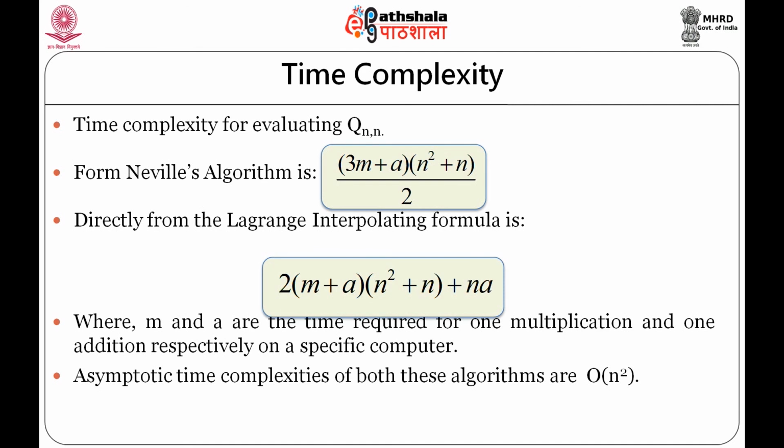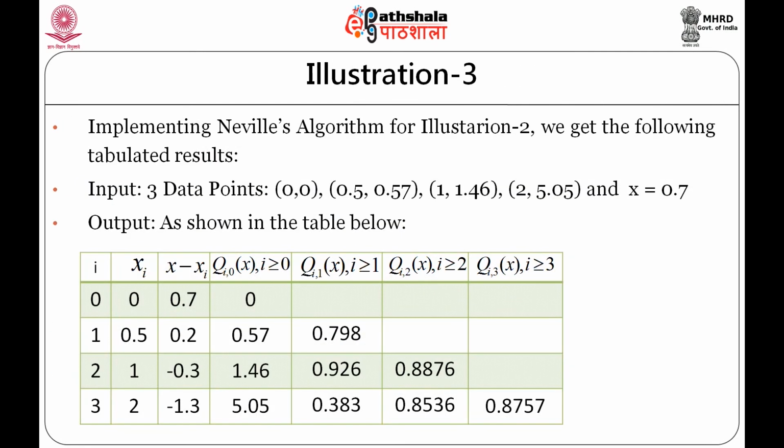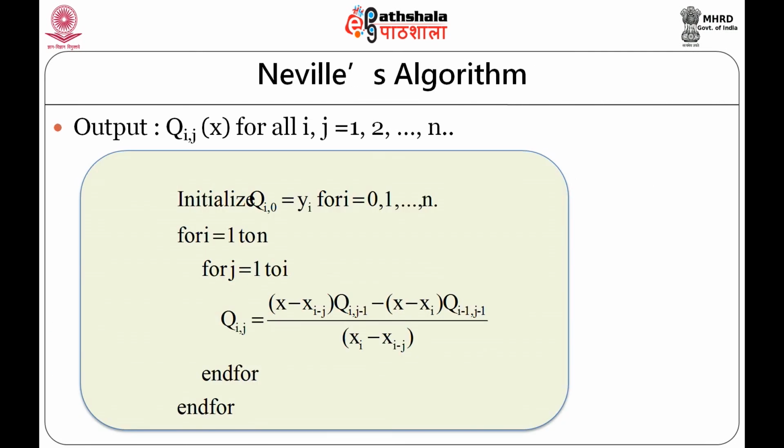So what is Neville's algorithm? You can see here this is my Neville's algorithm. I am executing this for loop for i equal to 1 to n, and the second for loop is j equal to 1 to i. So when i is equal to 1 I am executing it 1 time, i equal to 2 I am executing 2 times, and for i equal to n I will be executing it n times.